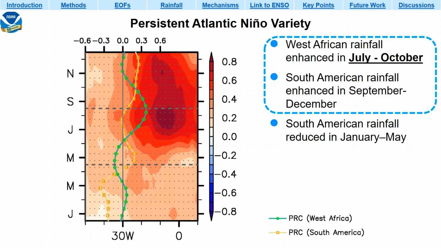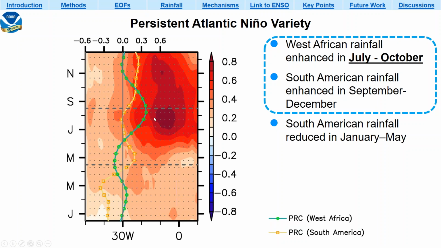Okay, next one is the persistent flavor. Consistent with this persistent SST throughout the rest of the year here, the West African rainfall is enhanced for an extended period of time from July to October. And the South American rainfall is not very much enhanced in the peak summertime, but later it is enhanced through the end of the year, from September to December.